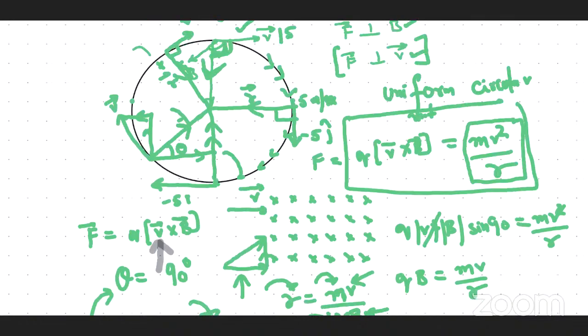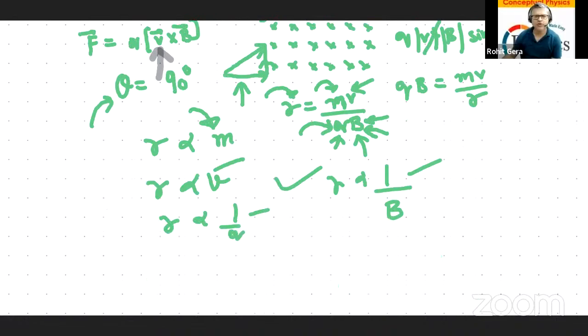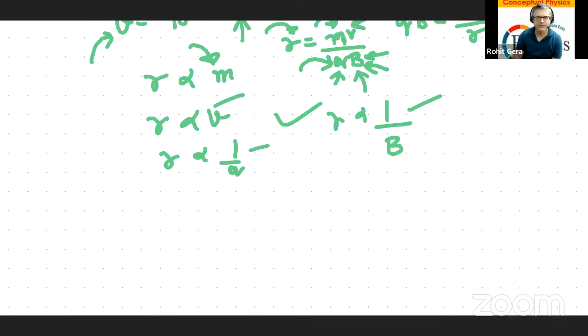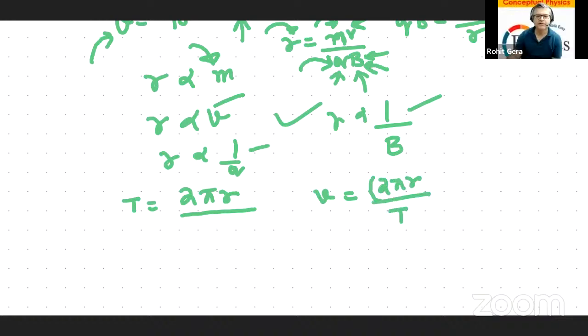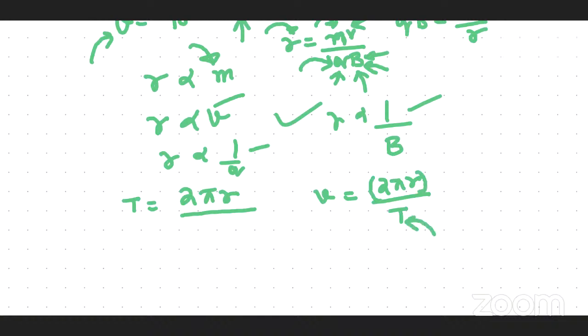Since you're in a uniform circular motion, you will have a time period, which means how much time do you take to cover the whole circle? Velocity is equal to distance upon time. So this is one revolution. Circumference. The time taken to complete one circular motion is time period.